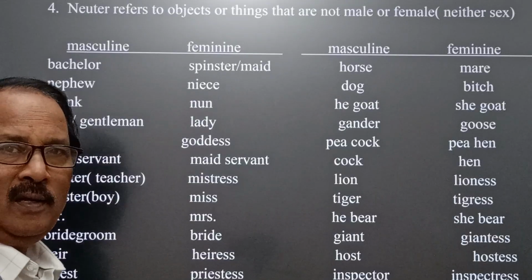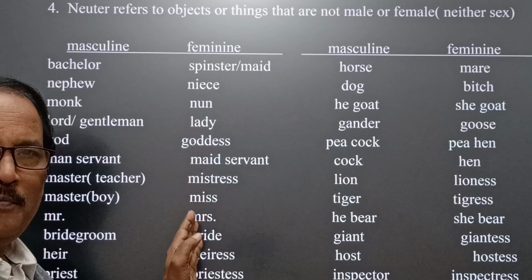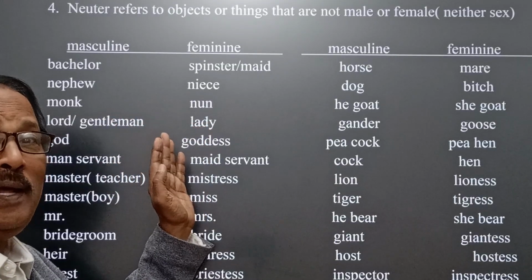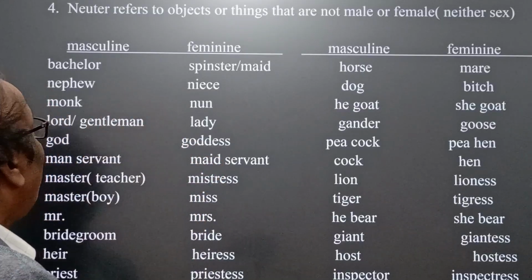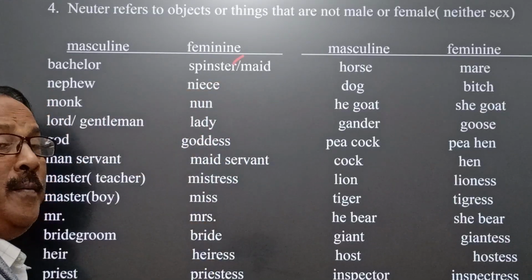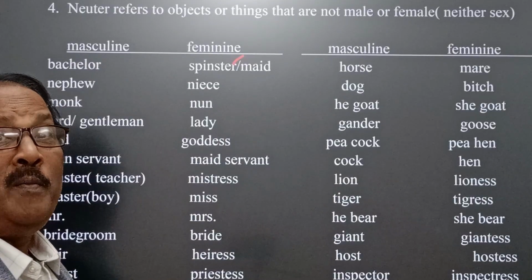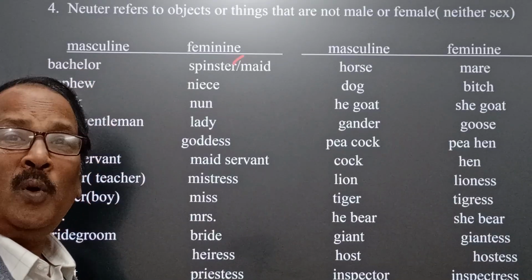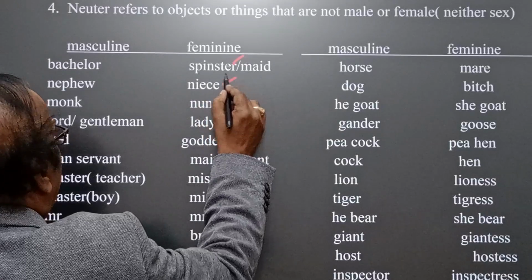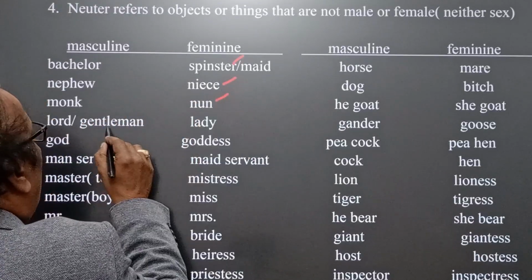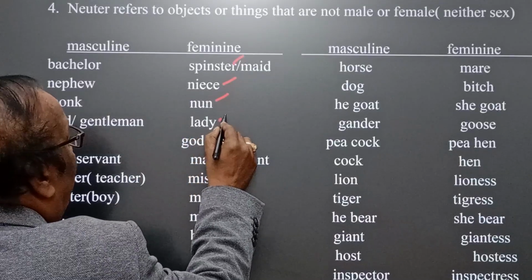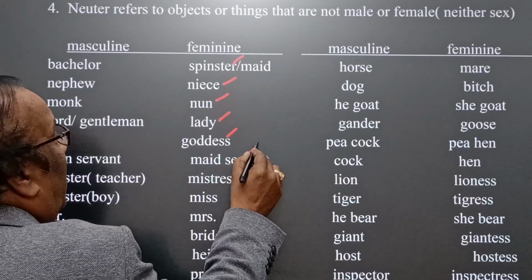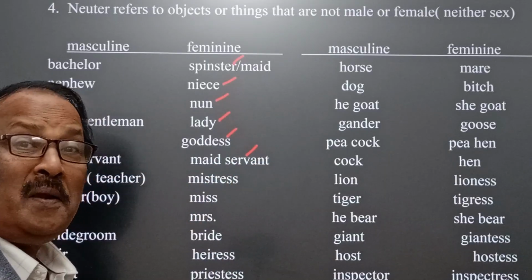Masculine and feminine. Here we have taken columns in connection with the relationship between masculine and feminine genders. Here, bachelor, spinster or maid, I mean the unmarried girl, and bachelor, the unmarried boy. Similarly, nephew, niece, monk, nun, lord or gentleman, lady, god, goddess, manservant, maidservant.